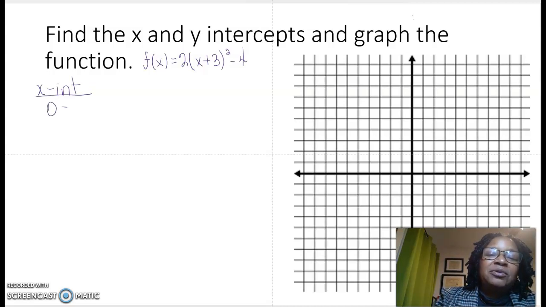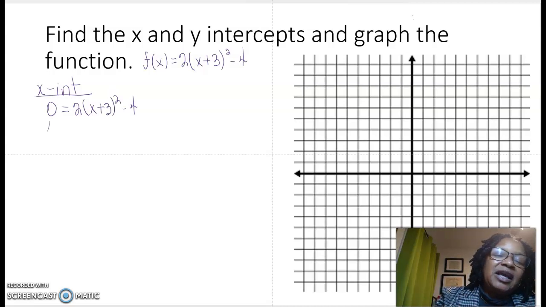So we have 0 is equal to 2 times (x plus 3) squared minus 4. So we are going to add 4 to both sides. And then we divide by 2.